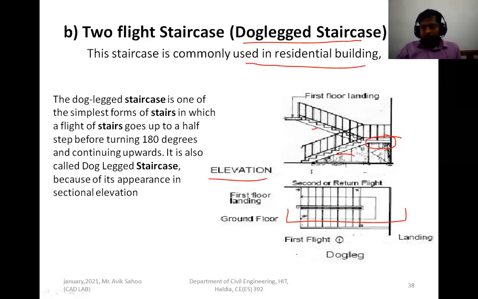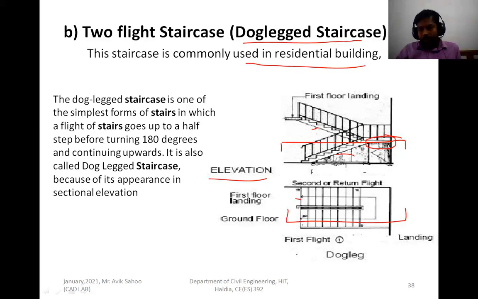Now the plan view is drawn, you see that this plan view you have drawn. This is a riser, this line, and one thing you note, again the plan view is drawn from some reference plane. So this is the reference plane.